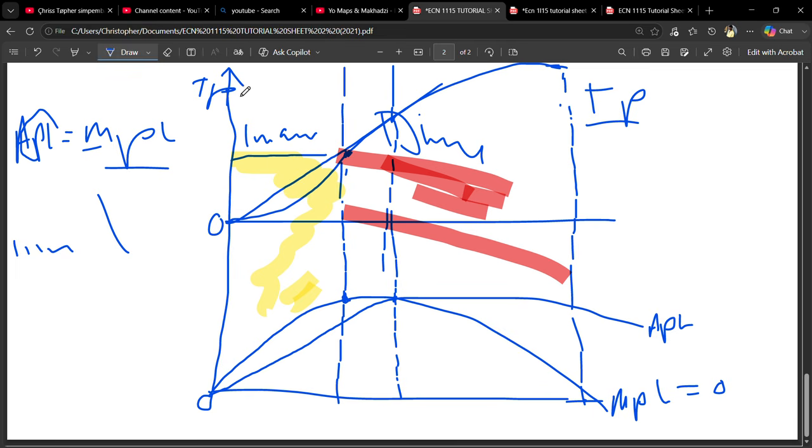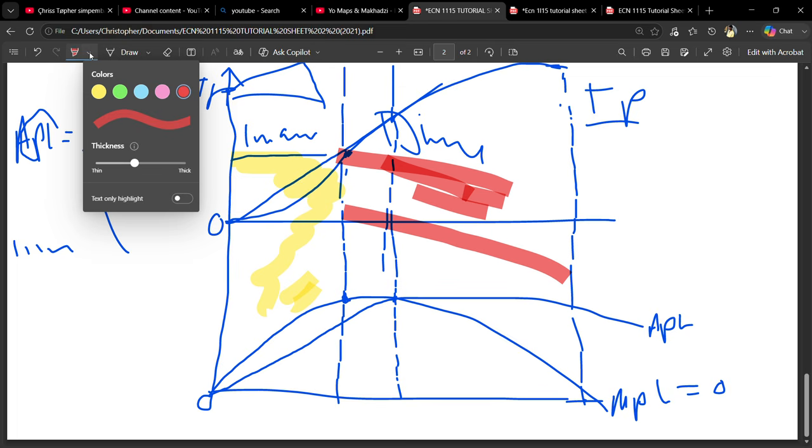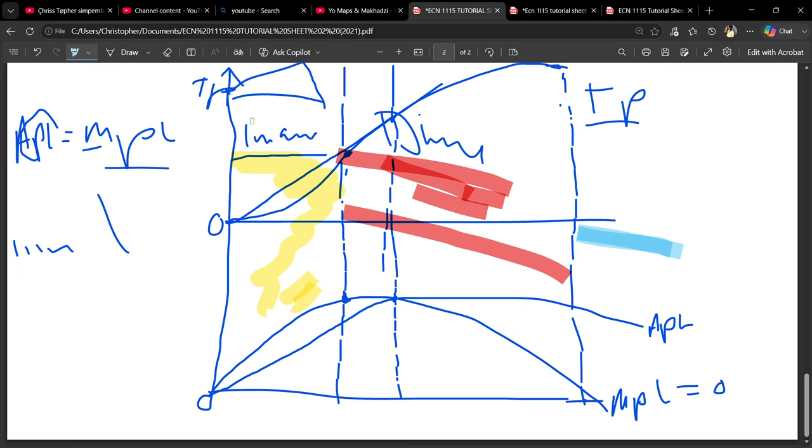Normally in real life, this is never the case that a firm is going to be producing on the increasing returns part. The normal part is diminishing marginal returns. And then lastly, I think I'll put this part in the blue part. This is called negative returns.